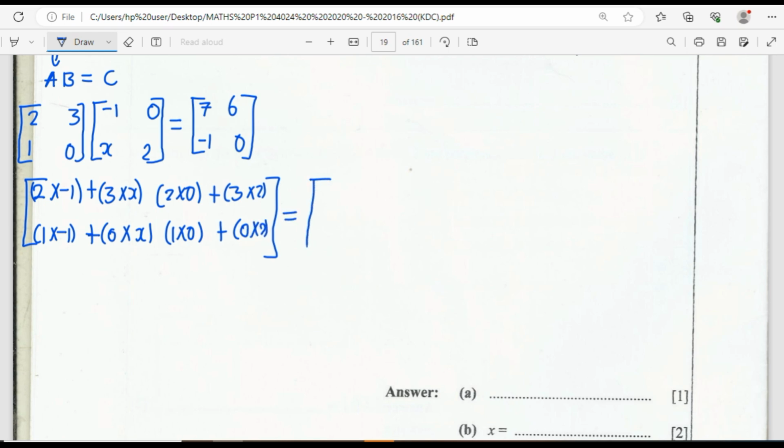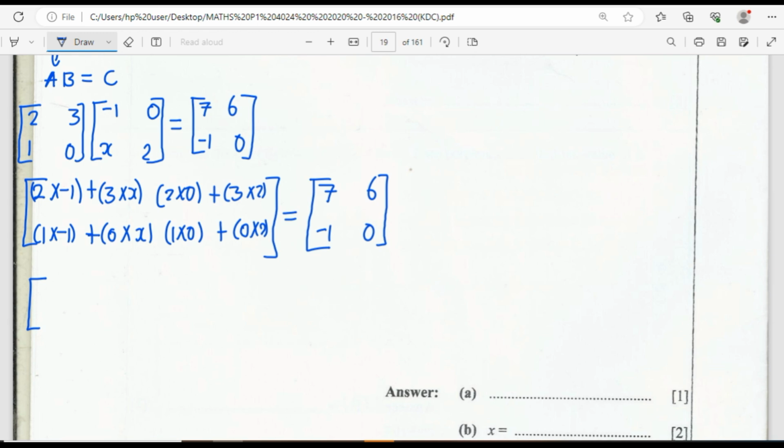Then we equate to matrix C. So from this we are going to form the equation. We can now do the first part. We can just focus on the first part where there is x.